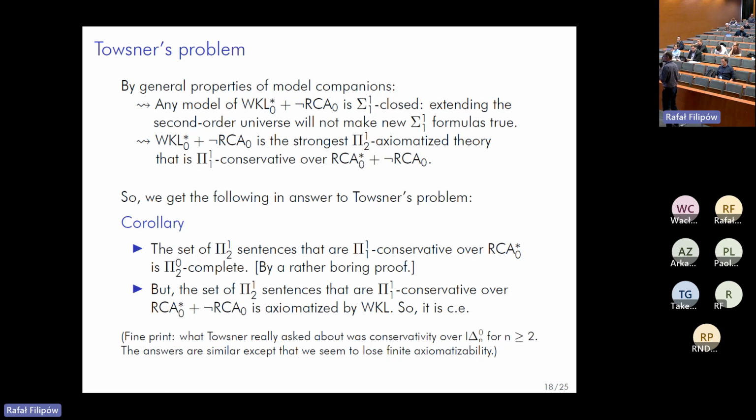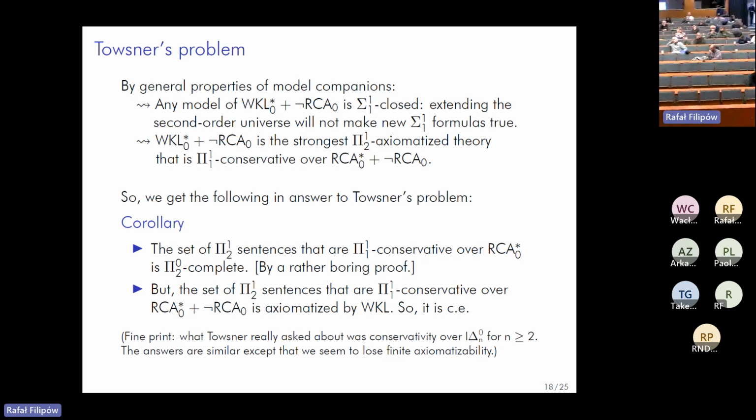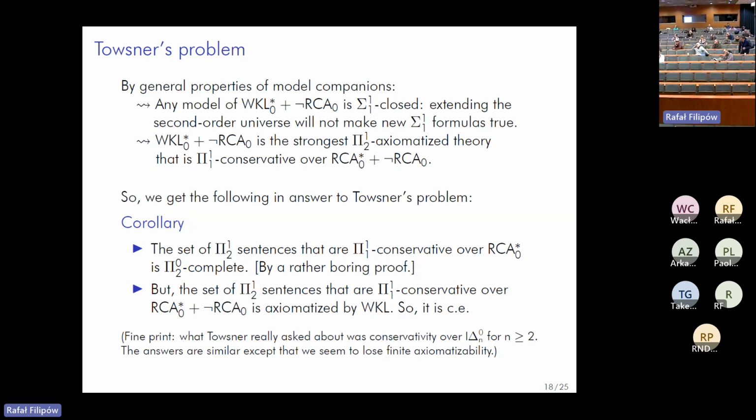So Tausner asked whether, well, he asked something slightly different, but the answers are more or less the same. He asked whether the set of pi1 2 statements that are pi1 1 conservative over RC 0 star is, say, computably axiomatized, or is it pi2 in terms of, say, computability theoretic complexity.